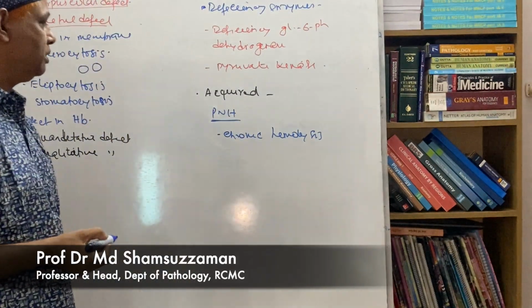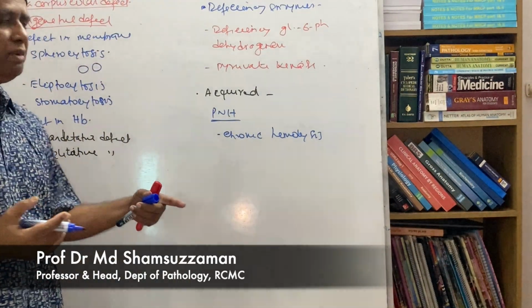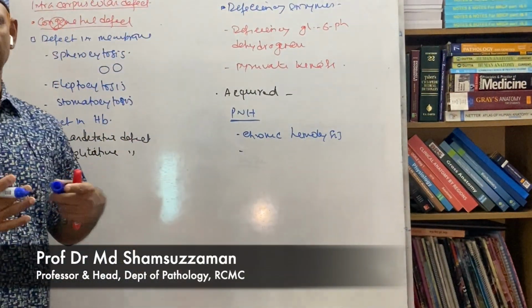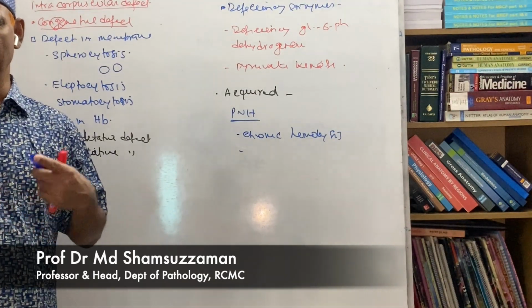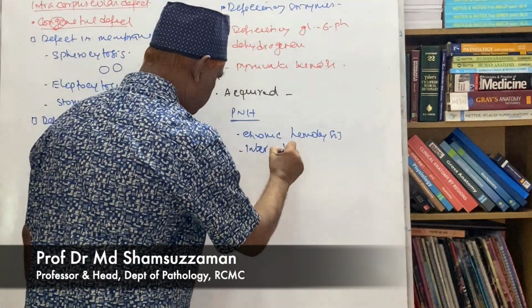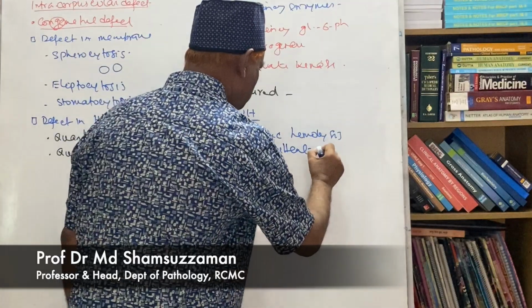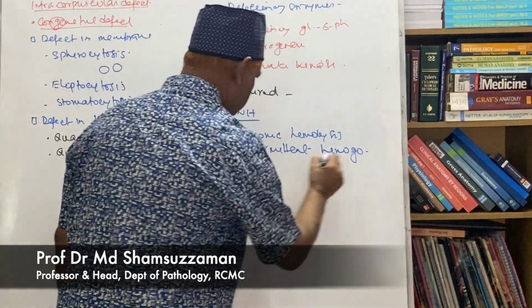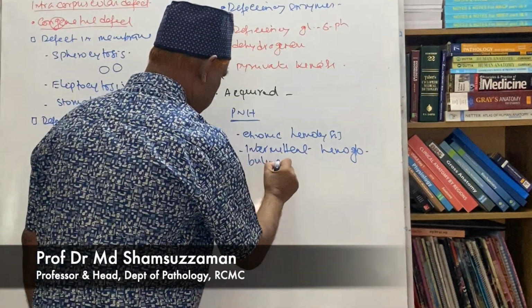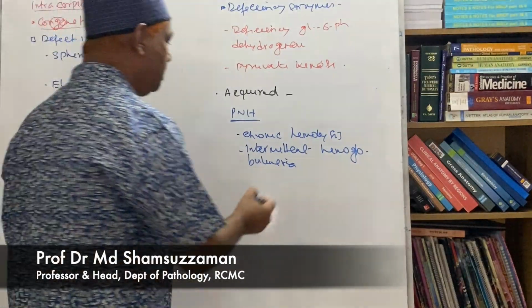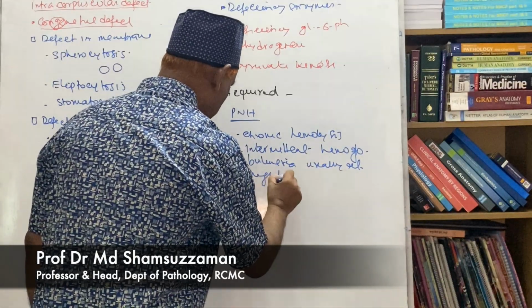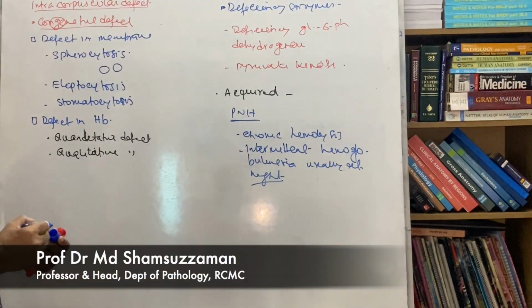Another characteristic of it, here there is intermittent hemoglobinuria, usually at night. So it is called paroxysmal nocturnal hemoglobinuria.